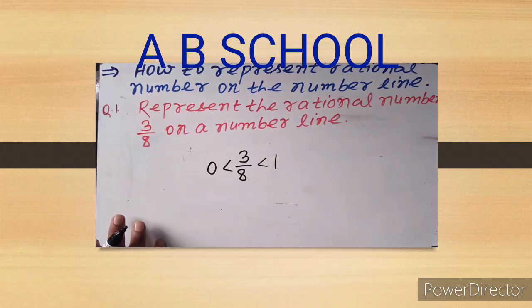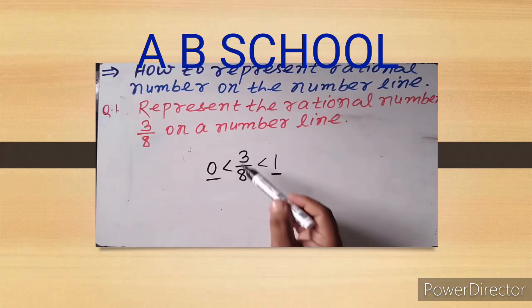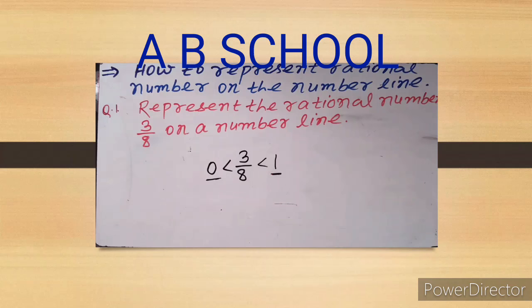One more thing you will remember: if you get a rational number of the proper fraction type, then you have to represent the rational number between 0 and 1. You can see over here also 3 by 8 is between 0 and 1.